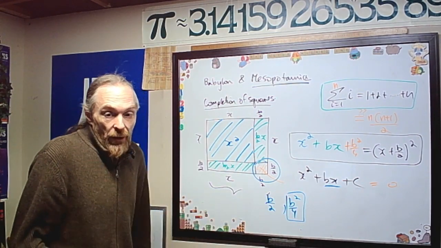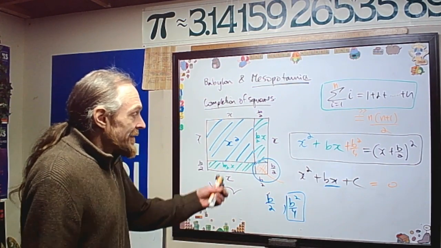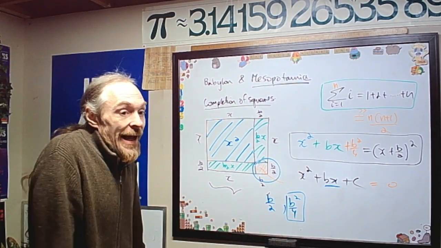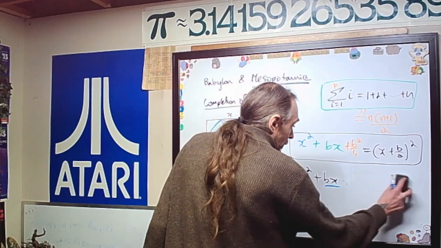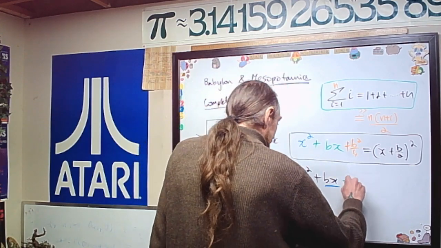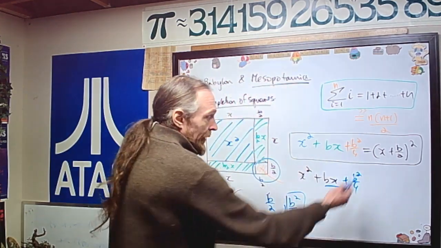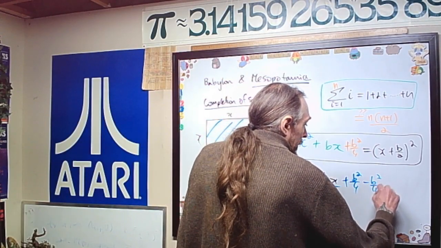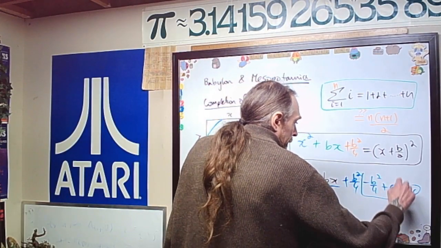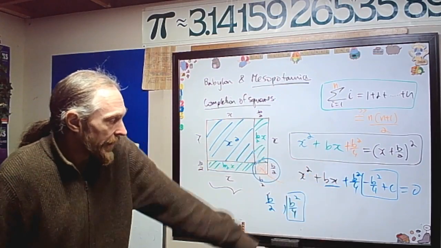But the other thing that bothers you that they never pointed out is that's what you need in the formula, but I can't just add it to the equation. That's crazy. We're going to add 0. So now I figure out what I need, and I need this to complete the square to write it like this. But I can't just do that, so I subtract it off. And then that gives us another number, and then we can keep solving.